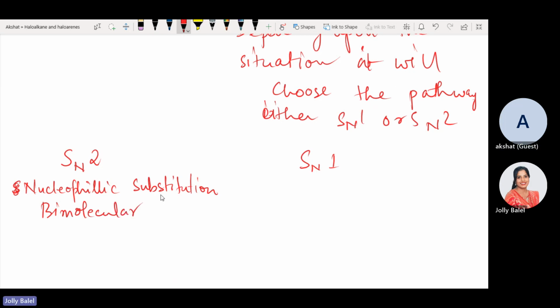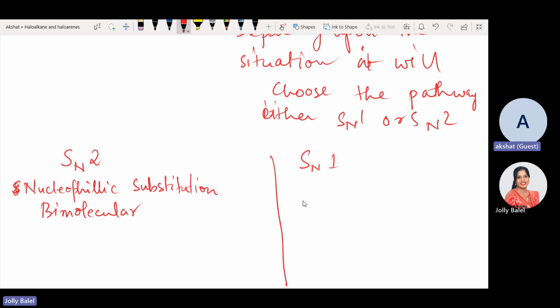Do you remember in chemical kinetics we studied the molecularity of a reaction, unimolecular, bimolecular? If molecularity is 2, it is bimolecular. What do you mean by molecularity? Two molecules are taking part.